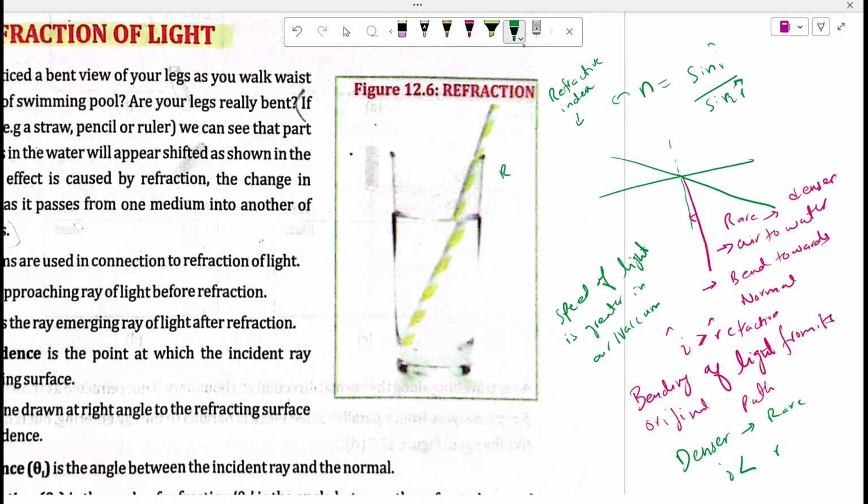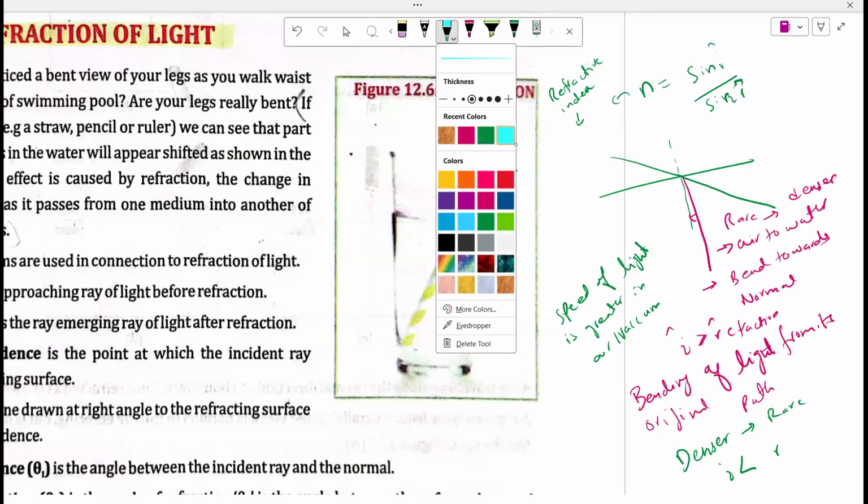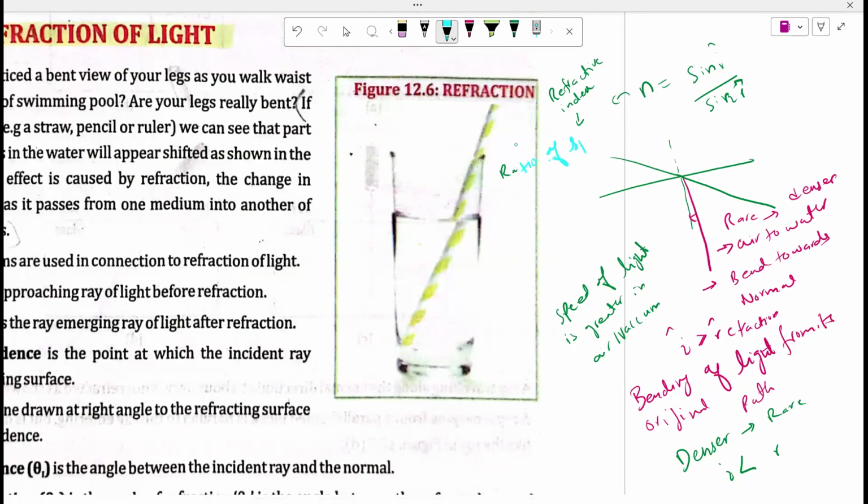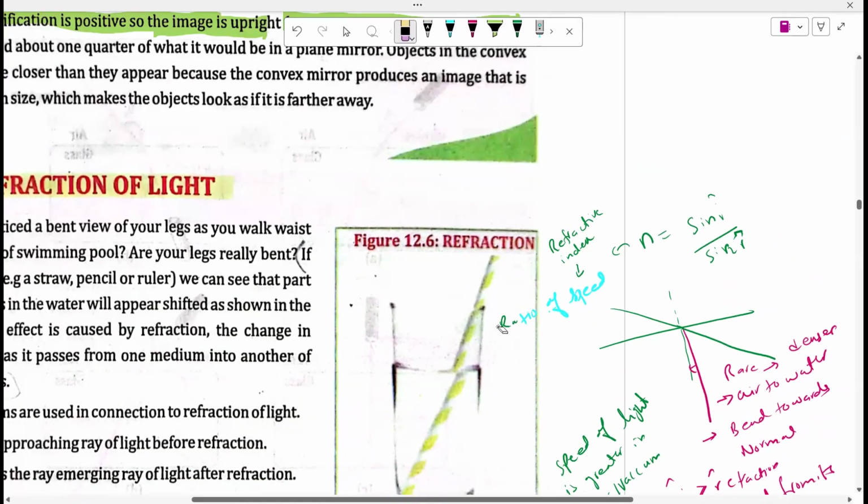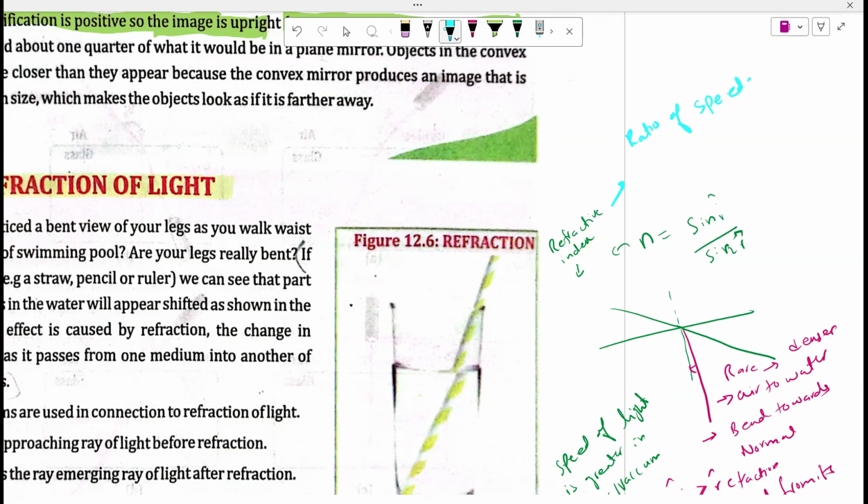Refractive index is defined as the ratio of speed of light in air or vacuum divided by speed of light in that medium.